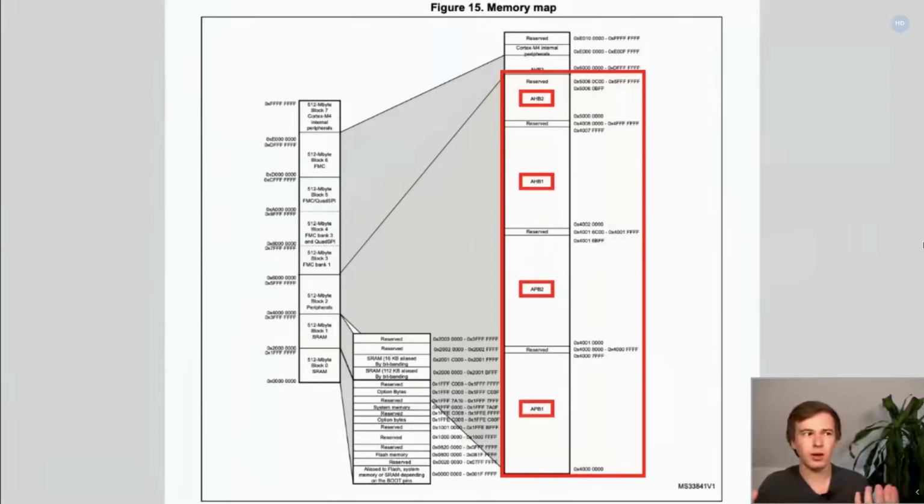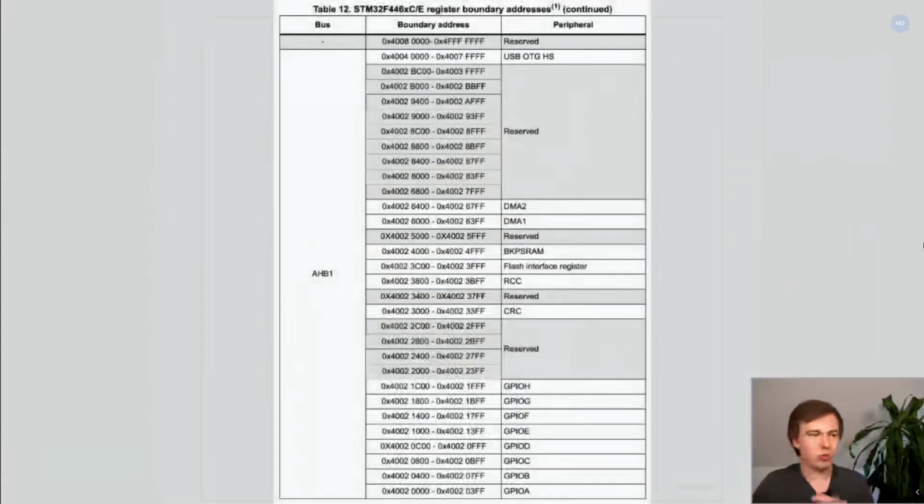We don't really care how this works or what they do. But if we search in the datasheet for example, AHB1, we get another memory map for all the things that are on this bus. And so, for example, in this case, on AHB1, we can see that all the GPIO peripherals, so all the things that we need to turn on and off an LED or so, are on AHB1 and start at hex 4002.